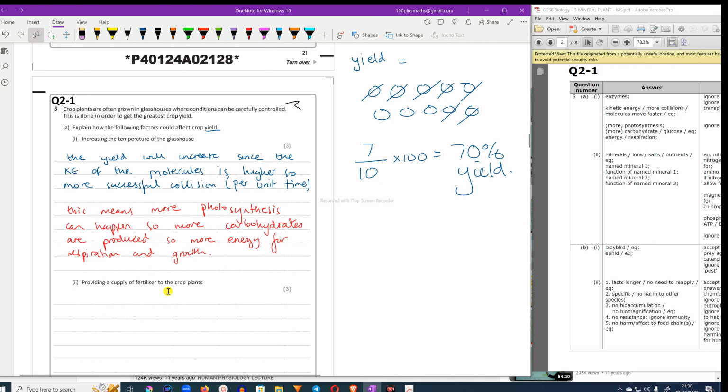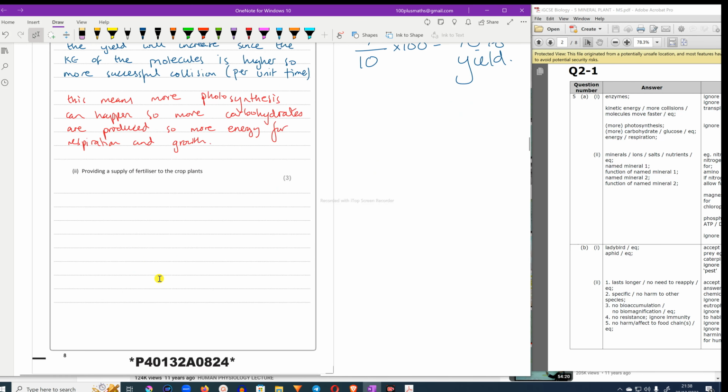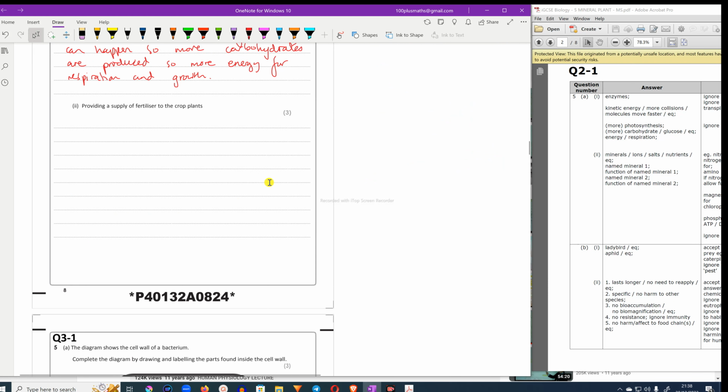Now we're looking at the fertilizer. Right. You will have more what?